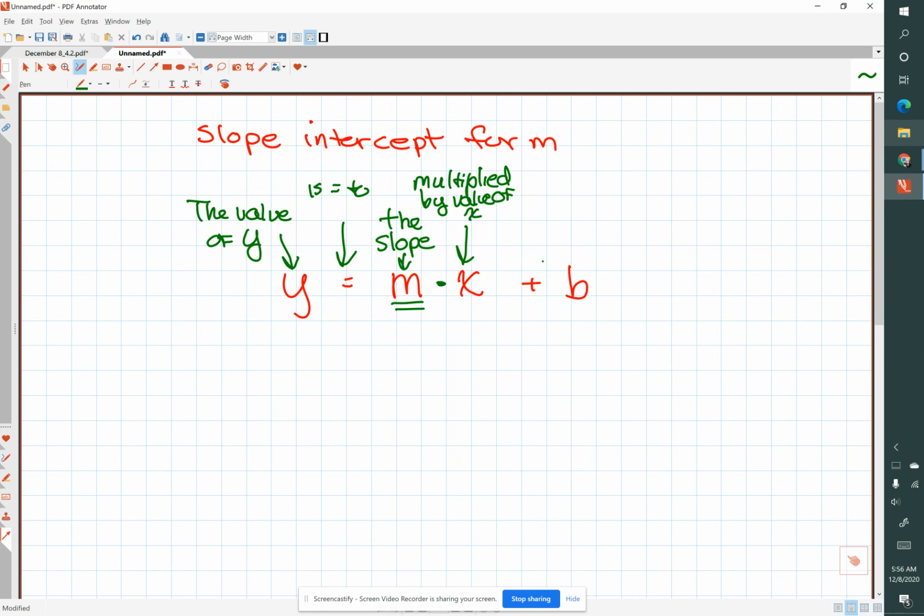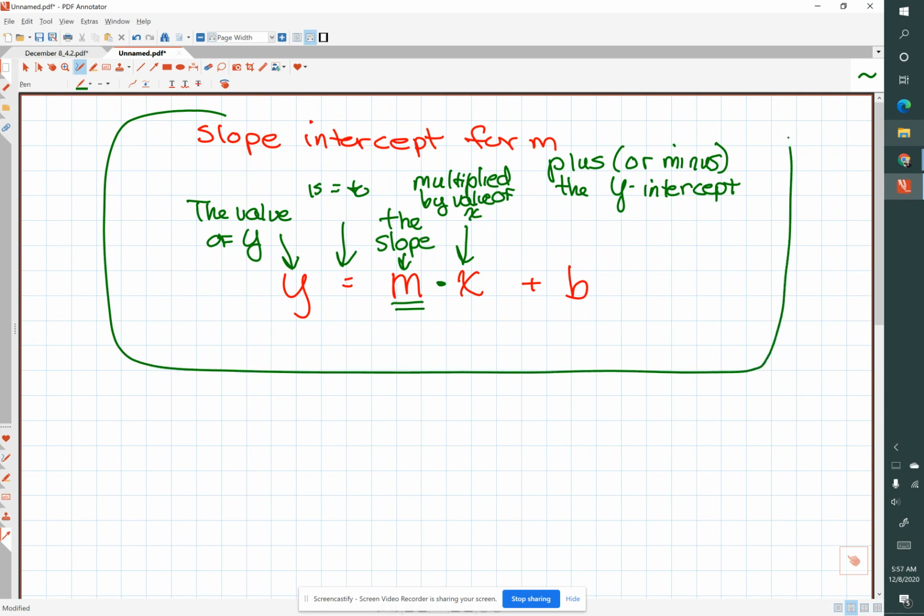Plus the y-intercept. Now, when we say plus, sometimes it's not plus, sometimes it's minus. Plus or minus the y-intercept. And I really want you to commit this to memory. We're getting into the portion of algebra where you really need to start remembering things.